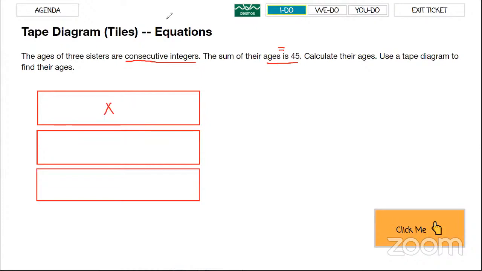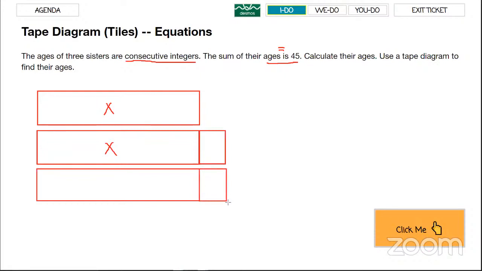It's X. And the next sister's age cannot be X because these are equal tapes, and it's not equal because ages are going by consecutive integers, adding up by 1. So the next sister's age will be add 1 year. So let's say this is 1 year, and the next sister's age will be adding another 1 to the previous sister.